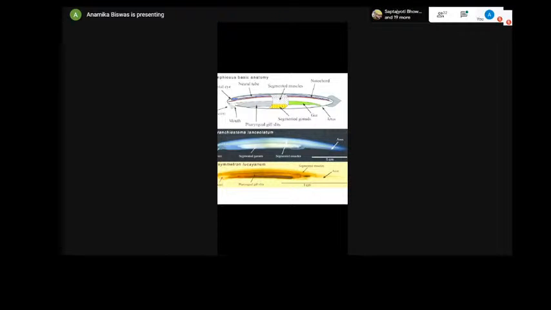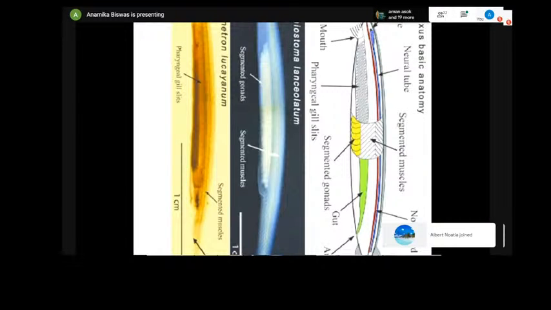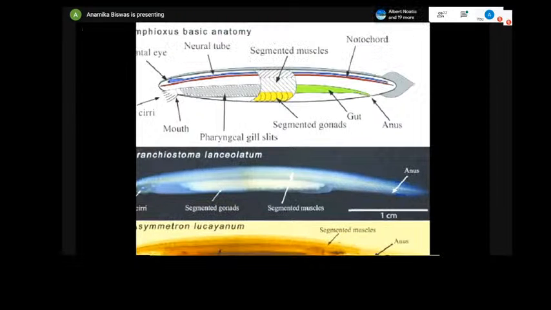So chordata is divided into several subphylum. We already know the subphylum Urochordata, and now we'll learn about another subphylum, Cephalochordata. The example of Cephalochordata is Amphioxus. You can see the picture of Amphioxus. The notochord extends the entire length of the body. You can see the red colored solid structure.